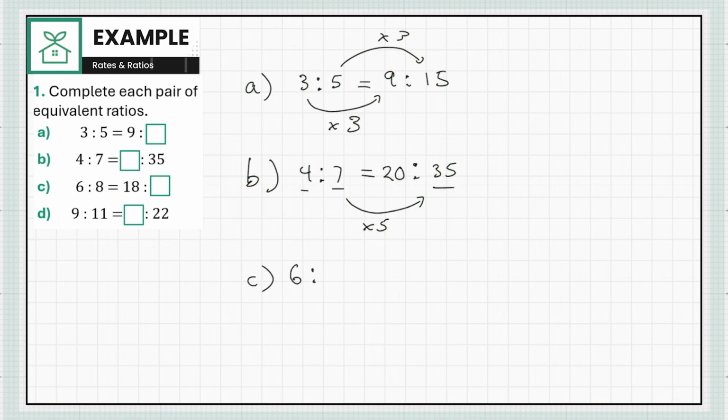Next we have 6 to 8 is equal to 18 to some other number. So to go from 6 to 18, we've multiplied it by 3, which means you have to do the exact same to our number of 8, which is 8 times 3 is going to be 24. If we look at D, which is our last one, actually let's make some space.